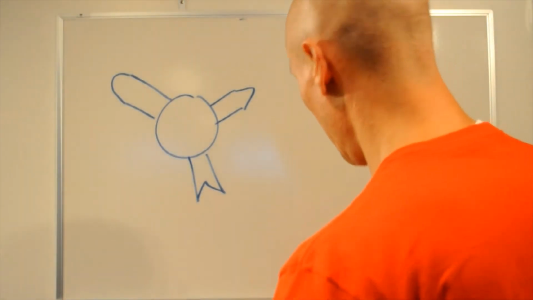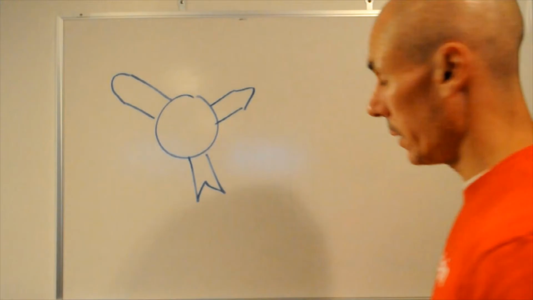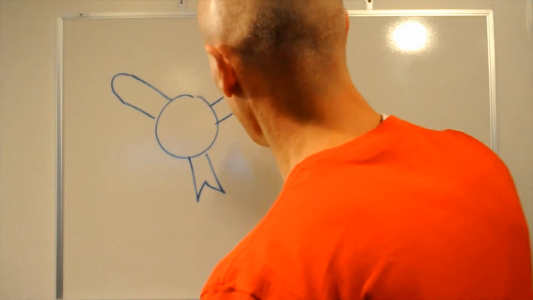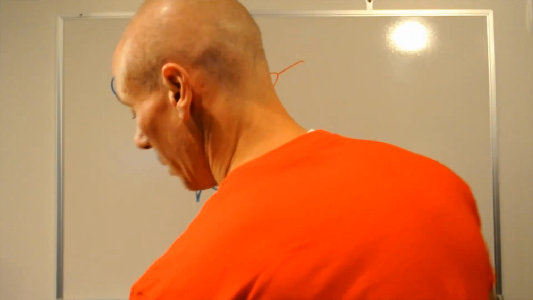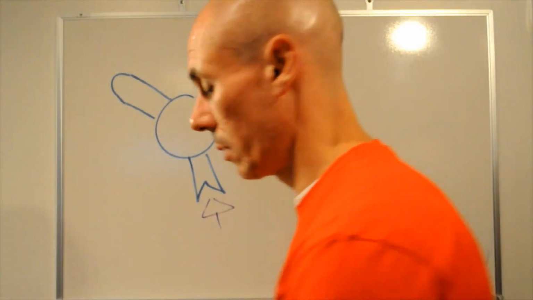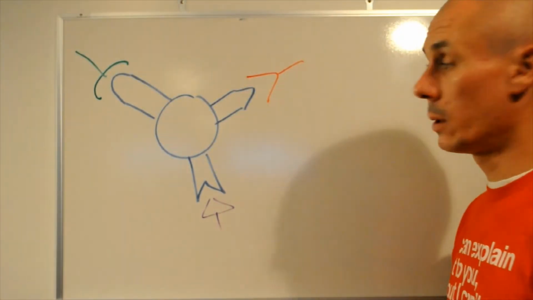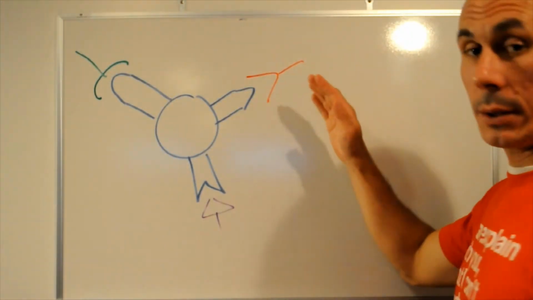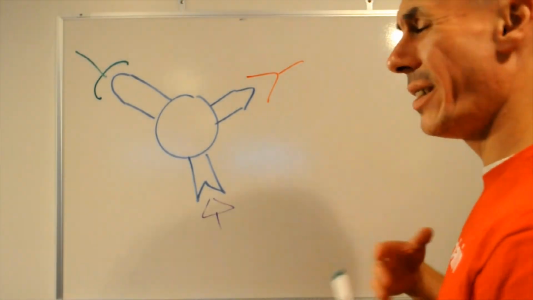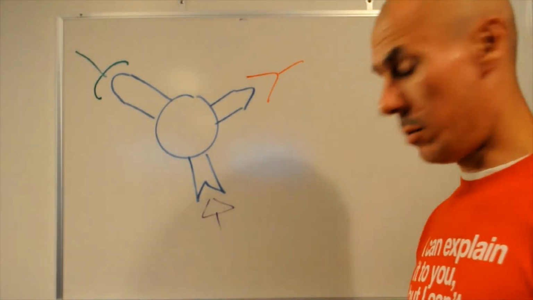These antigenic determinants will be recognized by the various antibodies. For instance, this one will be recognized by a single antibody. This will be recognized by a specific antibody. And this one will be recognized by a specific antibody. So these antigenic determinants are essentially what triggers the adaptive immune response.